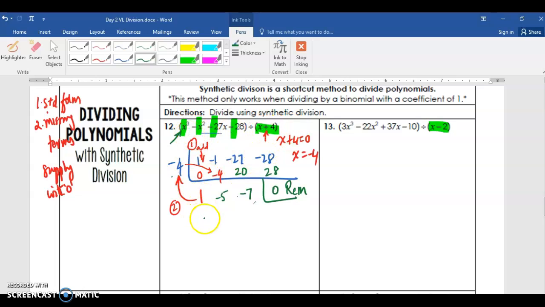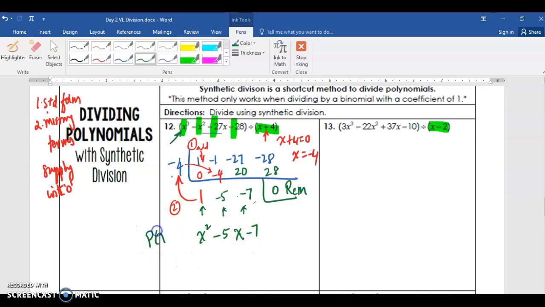So 1 step down, these are the coefficients for the quadratic you are now constructing. This is the coefficient of the x squared term. I would write 1x squared, but I don't have to. Next is -5x, and then the constant -7. That's the answer.